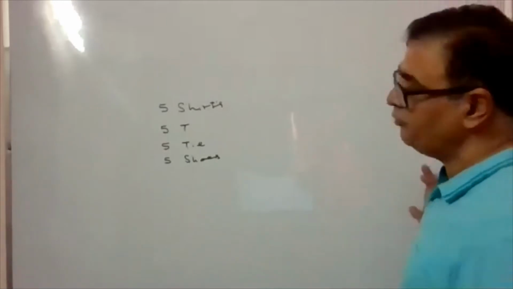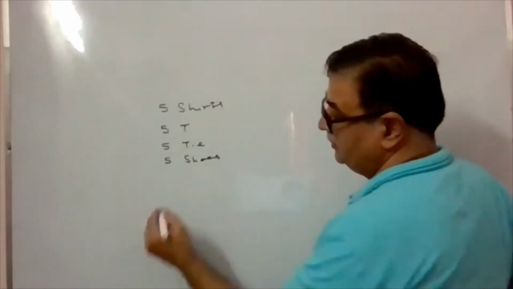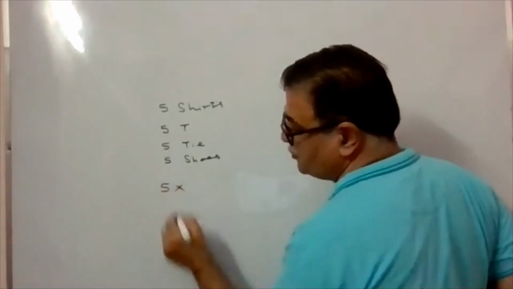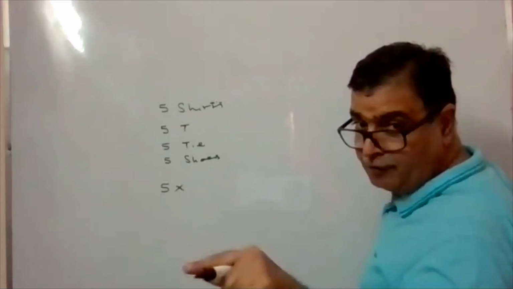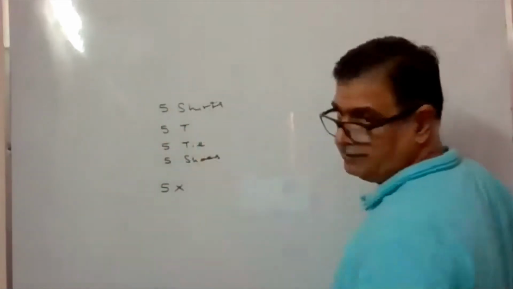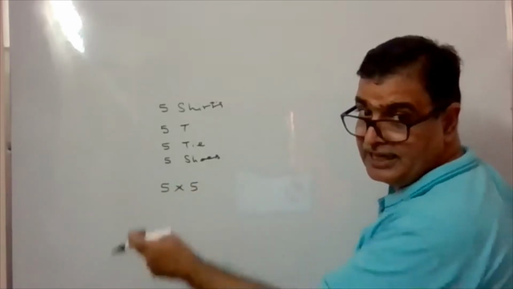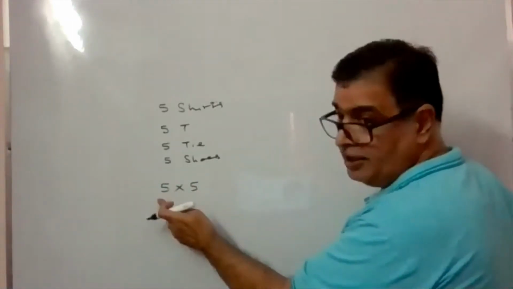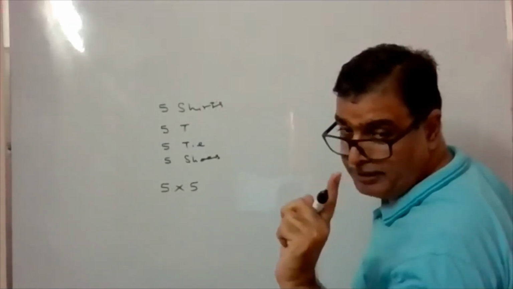Because in this case, when I'm going to dress up, first I'm going to wear a shirt. That will be done by 5 options, 5 ways I can do it. After that, I'm wearing the trouser. That will be 5 ways again. You can't say either I'll take a shirt or a trouser, that is not possible, the dress up will not complete.